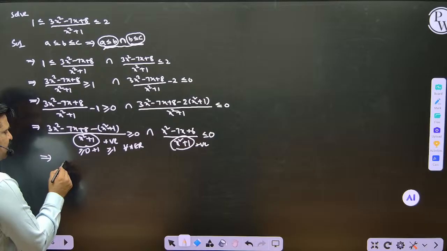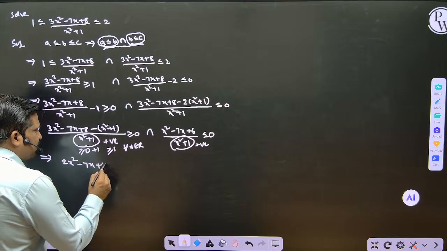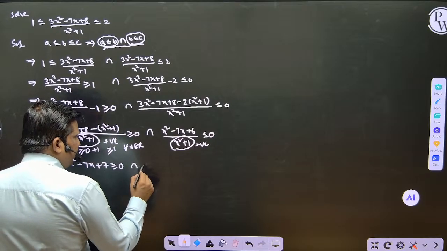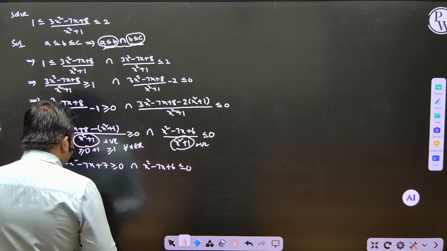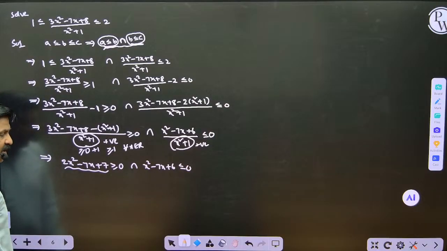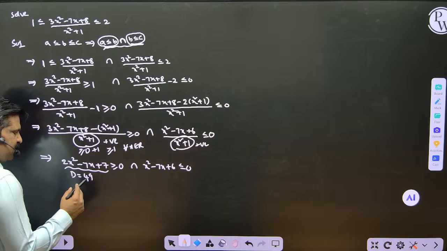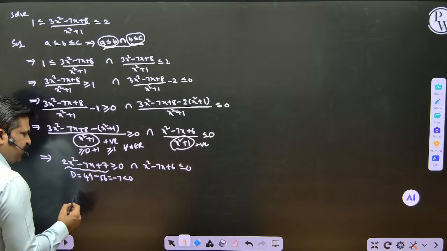3x² − x² is 2x², minus 7x plus 7 greater than or equal to 0. And x² − 7x + 6 less than or equal to 0. Look here, this is one quadratic expression, whose discriminant is b² − 4ac, which is 49 − 56 = −7, less than 0.